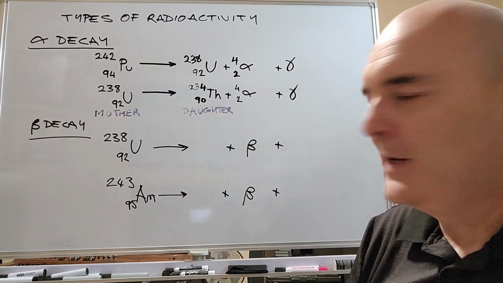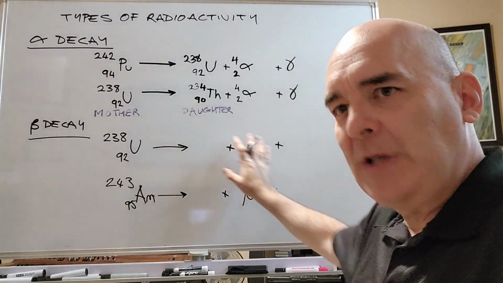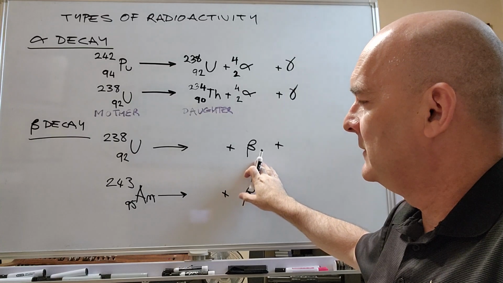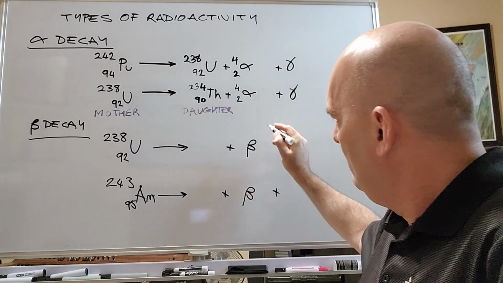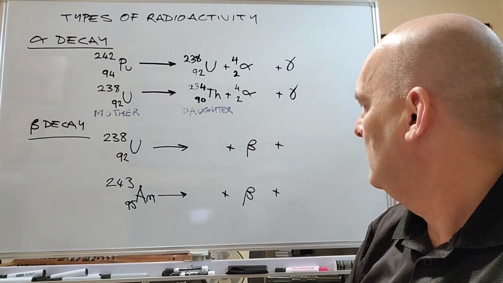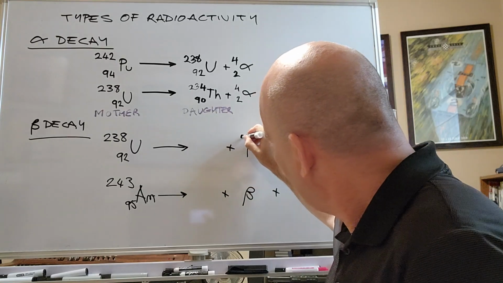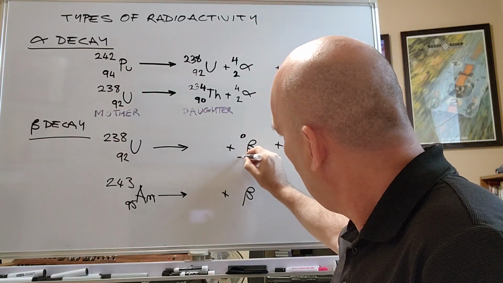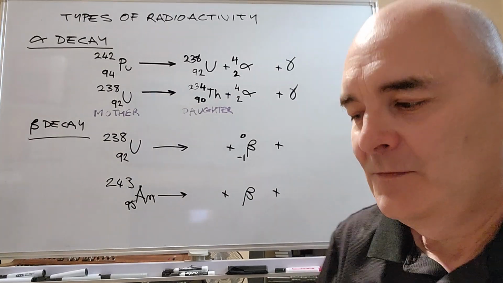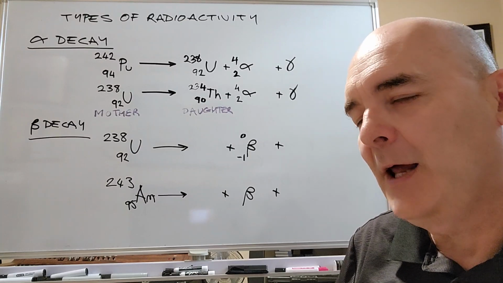Let's look at a beta decay now. Beta decays do something similar, only the numbers here are different. Beta particles are much, much smaller and much lighter than alphas. And they have numbers 0 and -1, because a beta particle looks suspiciously like an electron.